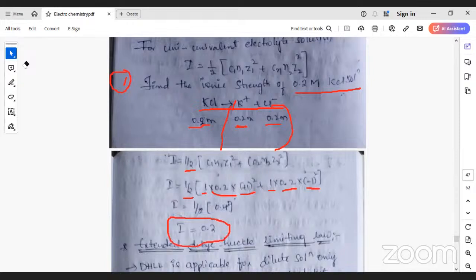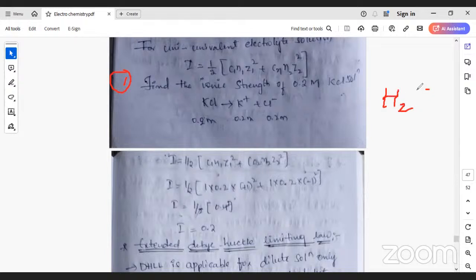Now you find out the ionic strength of H2SO4 whose concentration is 0.5 molar. You people may do this, right? H2SO4 is the electrolyte solution. You people have to do it. Take the paper and do it.